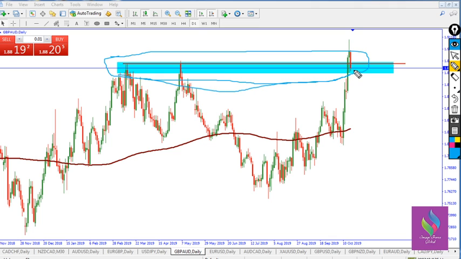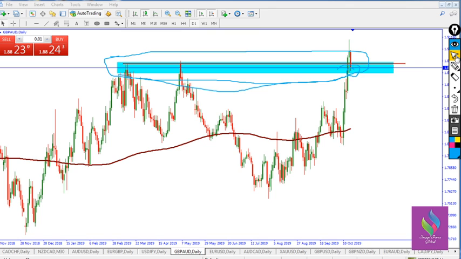So we want a successful pullback around this region and see if we can find a huge exhaustion here for the buyers to kick into the market. Then we can finally say that we would be seeing a potential buy opportunity. It is quite important that you also understand the negative reactions in the forex market.